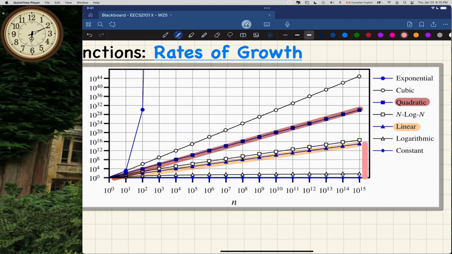That includes the linear itself, the log, and also constant. Of course, square root of n will be somewhere here too. So I can write down the comment here: big O of n contains all functions growing no faster than n. That's one family we just finished speaking about.